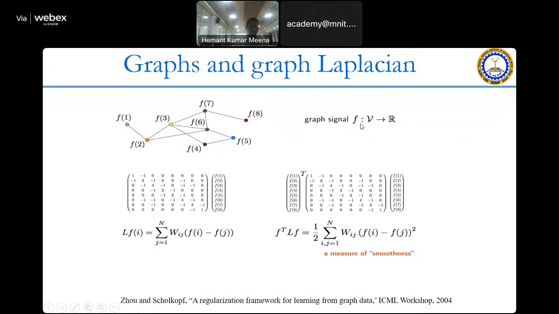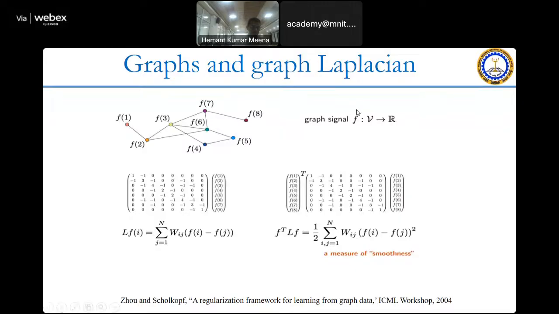Please try to understand what it is saying. It is saying that this F is basically a mapping from vertices to a real value. It is defined only as a real value. Krishna, it will always be a scalar only, because we have defined the function in this way only.